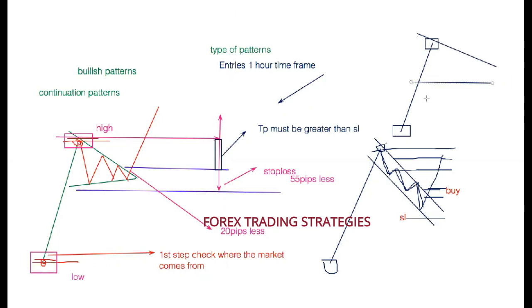Then that's a continuation pattern. You wait for the market to break. Your stop loss is at the lowest point. You wait for the break, then you take profit. It's guided. Make sure that this is less than this one here. Normally it's going to be between 40 to 45. That's a good one. If it's beyond that, you know there's something wrong. Consult with me. That's how the continuation patterns look.